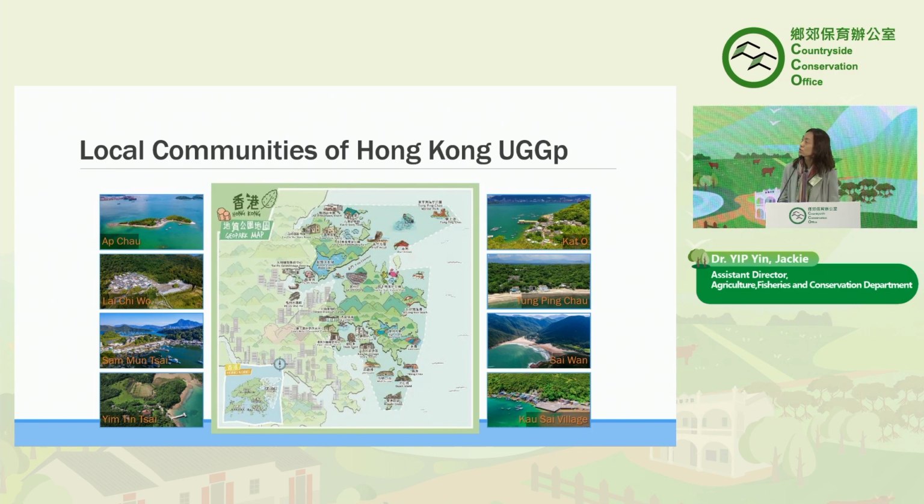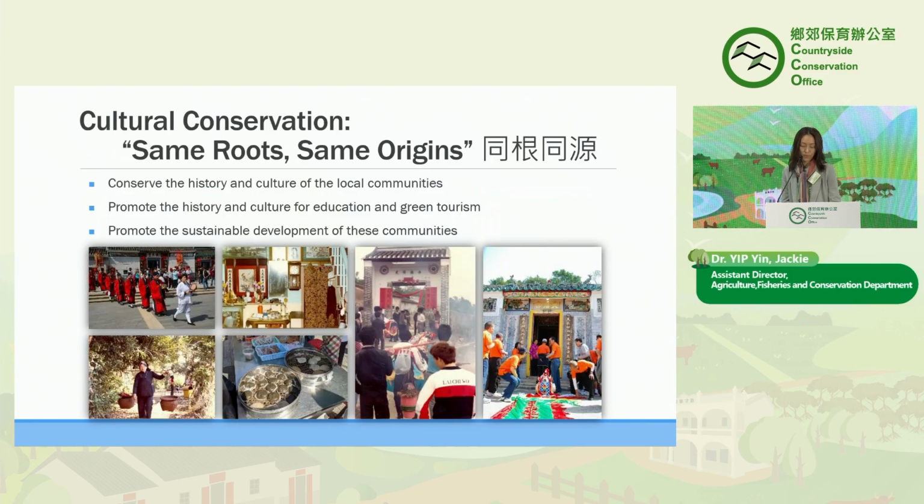The slides show some of the local communities in the Geopark. Some of them are better known than others. In 2017, that is 6 years ago, we started a program called Same Roots, Same Origins, 同根同源, which collects stories from villages in a systematic way.